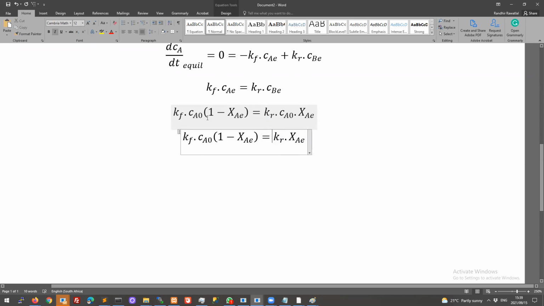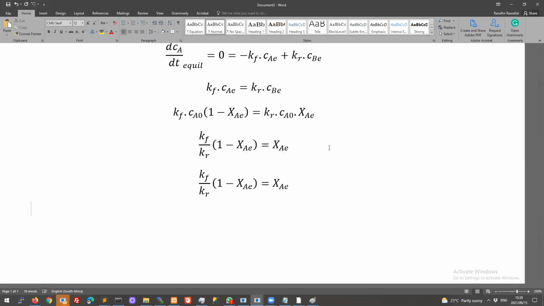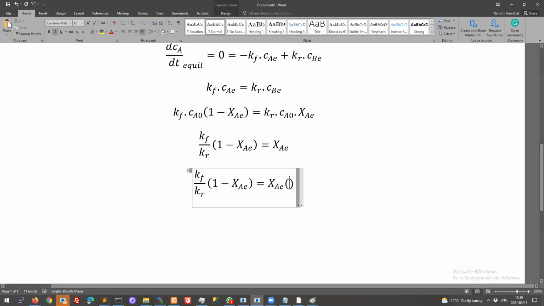And the next thing we'll do is group out for XAE. But the other thing I want to do is just divide through by KR. So KF over KR. Let's take this one out here. And then we can group the XAEs. So the XAE here, this is in effect times 1.